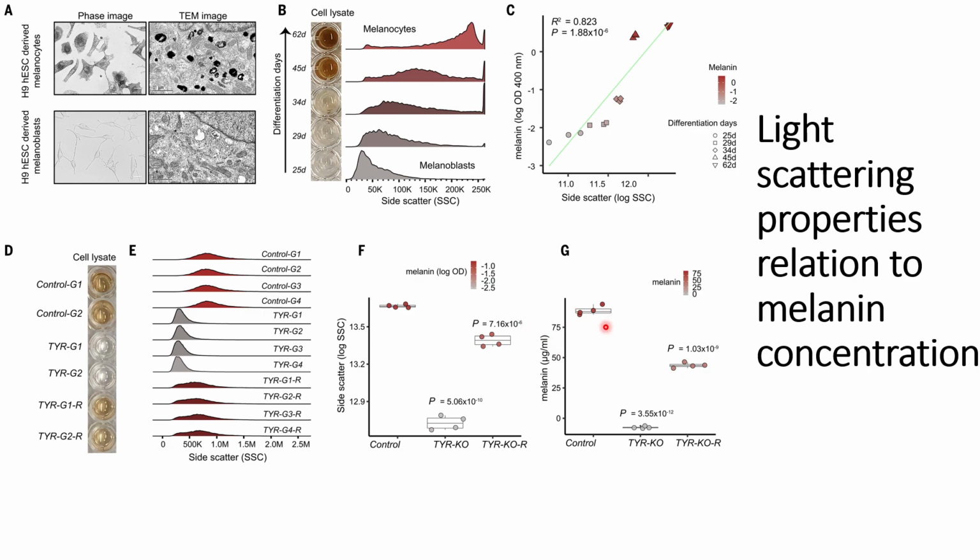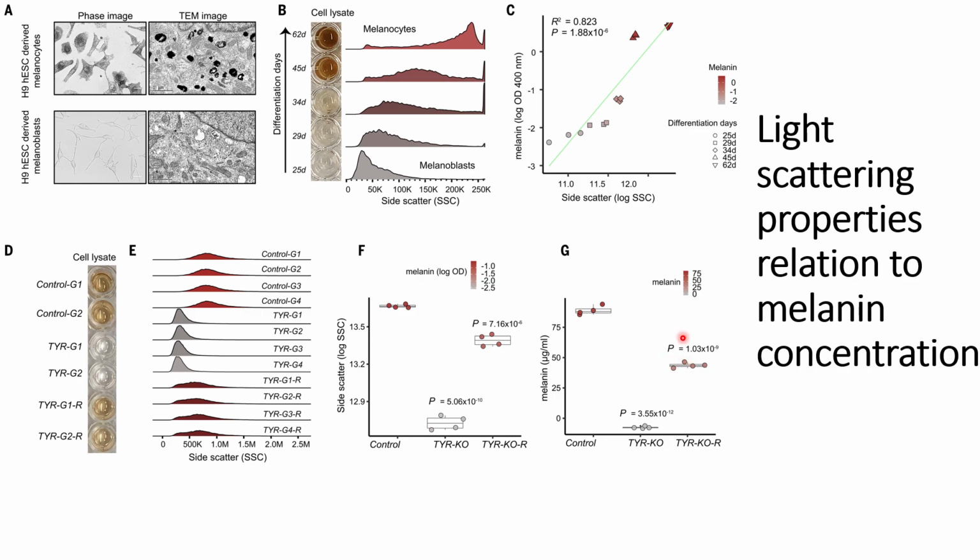So later on, they quantified this melanin in micrograms per ml in the different cell systems, and they can see the melanin concentrations are in line with the side scatter signals. That is, melanin concentration is high in the control, whereas in the tyrosinase knockdown the melanin concentration is very low, and in the tyrosinase re-expression the melanin concentration further increases.